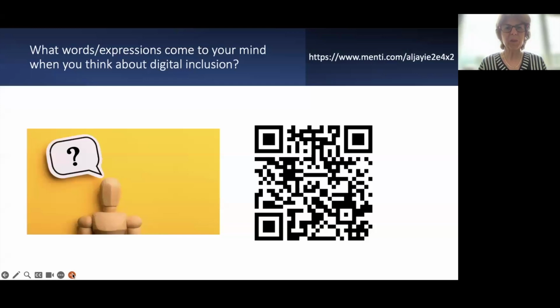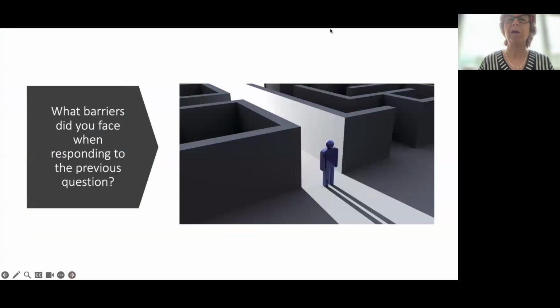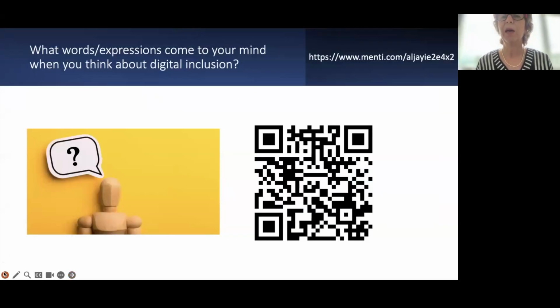Now, when you think about digital inclusion, what terms, what words, what phrases do come to your mind? And I will just give you a minute to take the QR code, and I will start presenting in Mentimeter, and you can still think about it in the meantime.